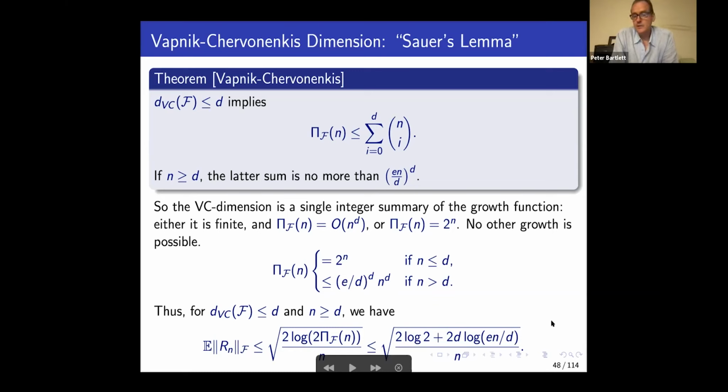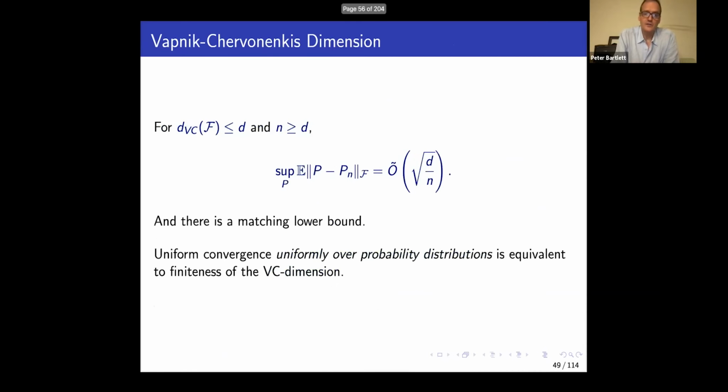Okay, so this is a very nice result for the case of binary valued functions. It implies in that case, if we have a bound on the VC dimension, then the maximal deviations between sample averages and expectations look like square root d over n, where d is this VC dimension.